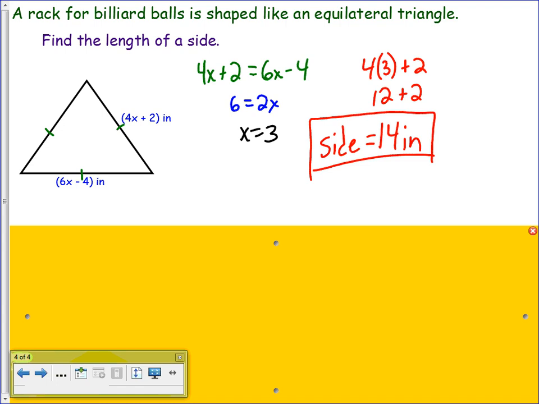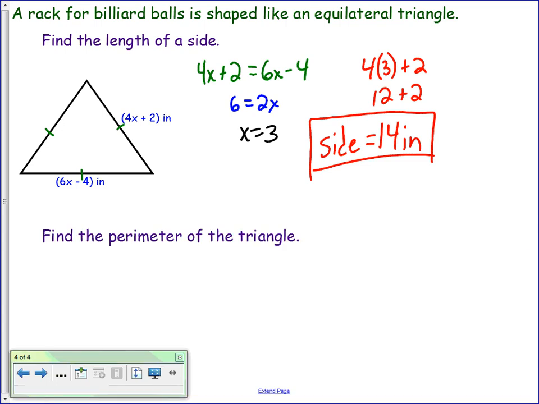Make sure you are labeling when working with these problems. It says find the perimeter of the triangle. We know each side is 14 times that there are 3 sides, and that we get the perimeter is 42 inches.